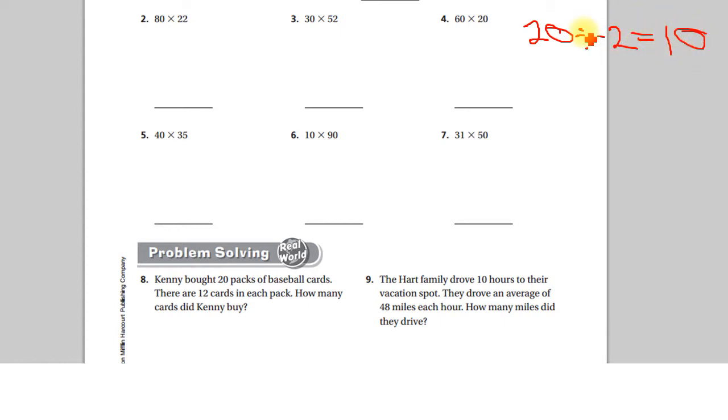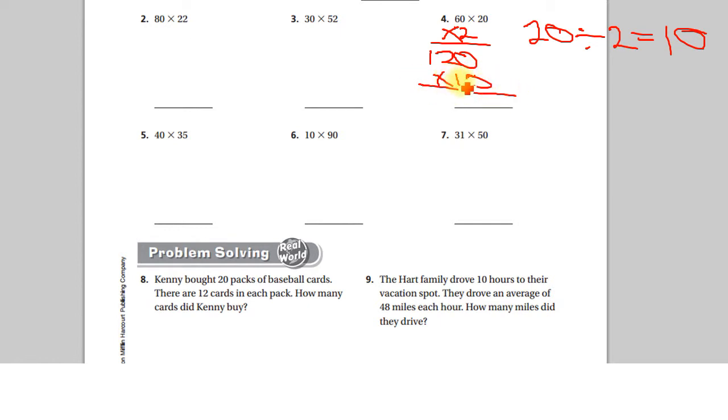And remember, 10 is easy for me to work with. And I just have to double the 60, so that would be 60 times 2. That's 120. 2 times 6 is 12. Add my 0, 120.